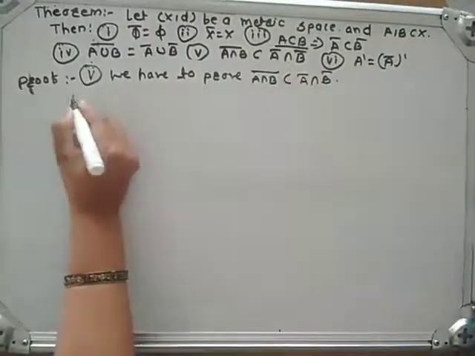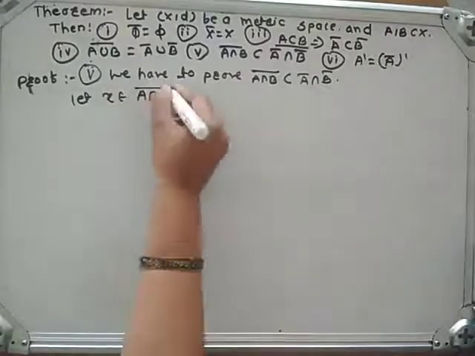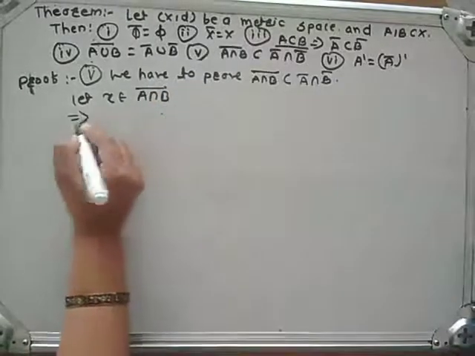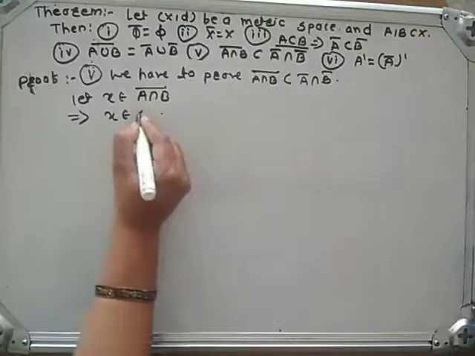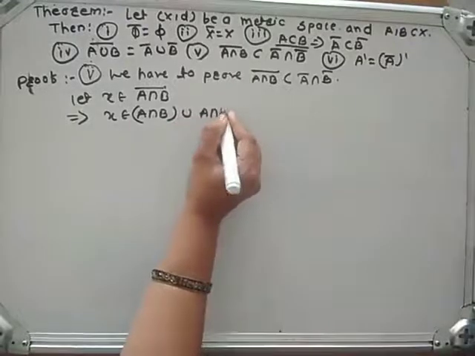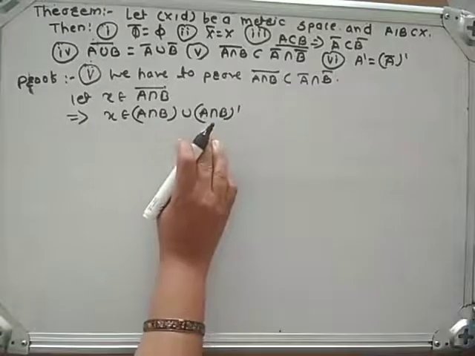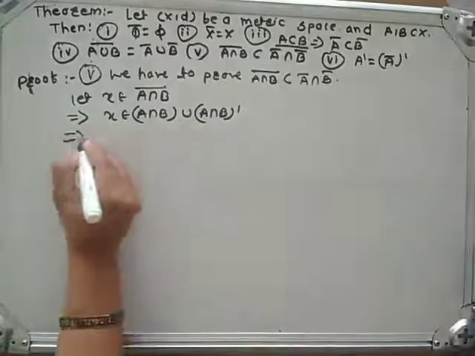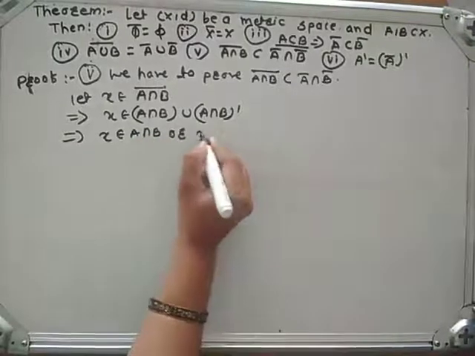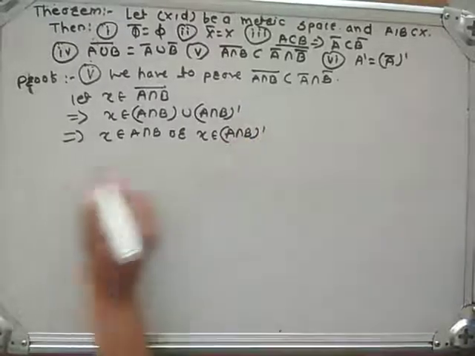Let x belong to closure of A intersection B. That implies x belongs to (A intersection B) union (A intersection B) dash. Dash means limit point of A intersection B. That implies x belongs to A intersection B or x belongs to (A intersection B) dash.